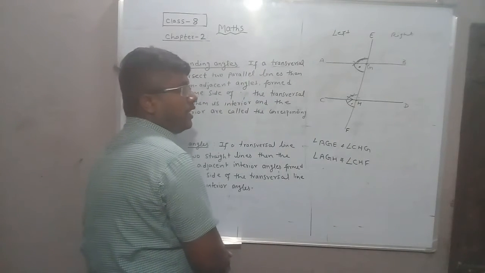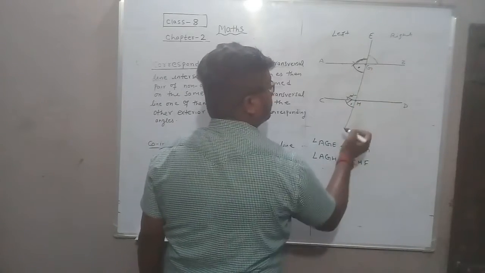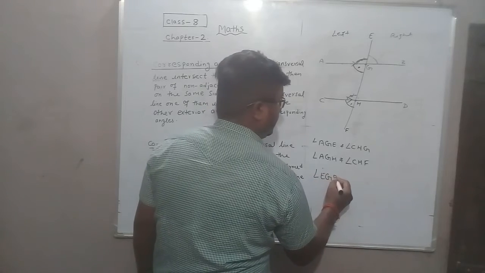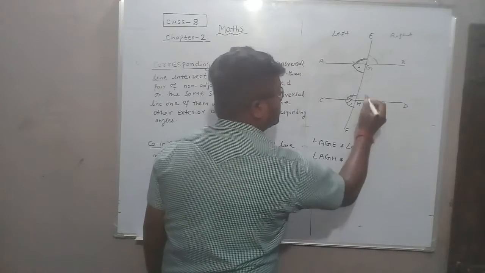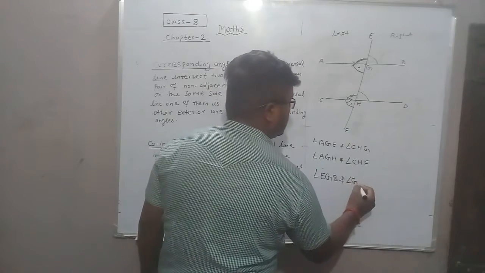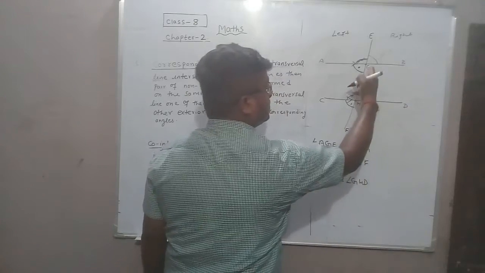Similarly, now let's look at the right hand side. Above this parallel line, this angle is formed here. So angle EGB, and the angle just above this angle is GHD, or you can give the name DHG.